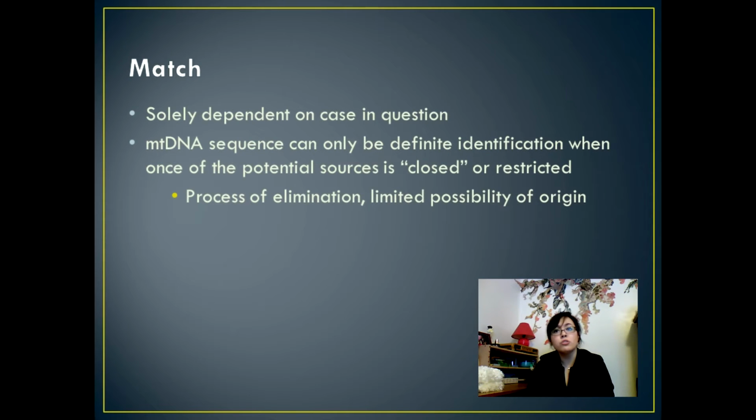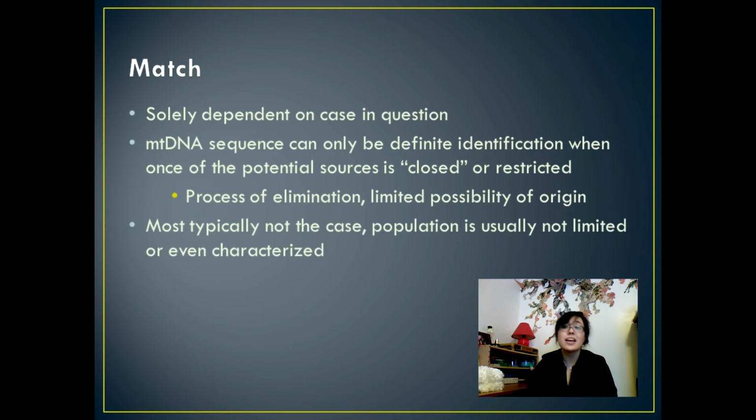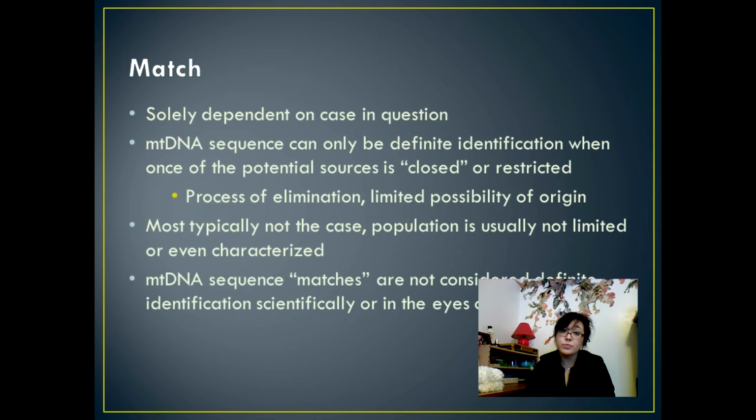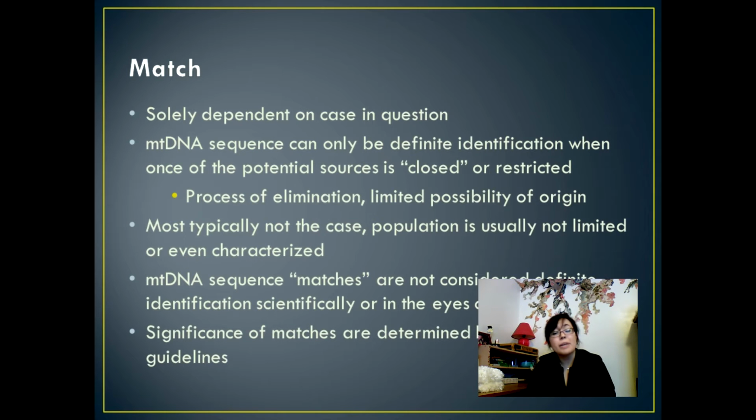So, in a closed population, identification through use of mitochondrial DNA sequencing would not be based on any sort of statistics, but on a process of elimination, because there are only a certain number of sources the sample could have originated from. Unfortunately, this is typically not the case, making mtDNA sequence matches not considered definitive identification scientifically or in the eyes of the law. The significance of the match must then be assessed to determine its importance by a set of guidelines.